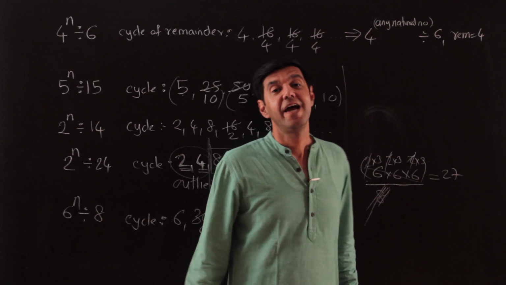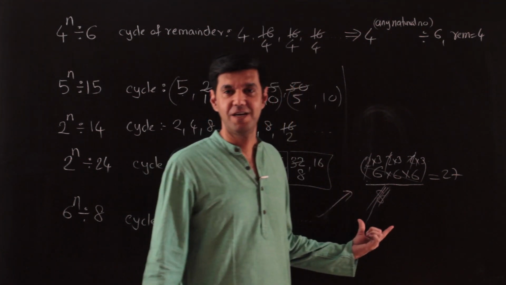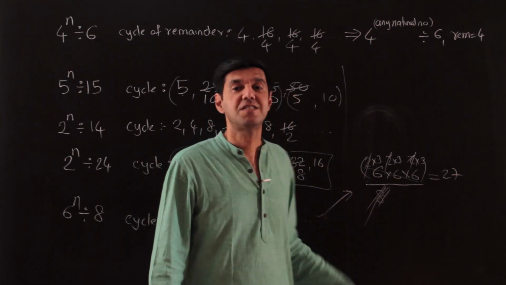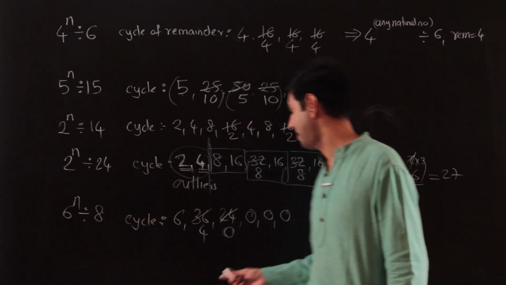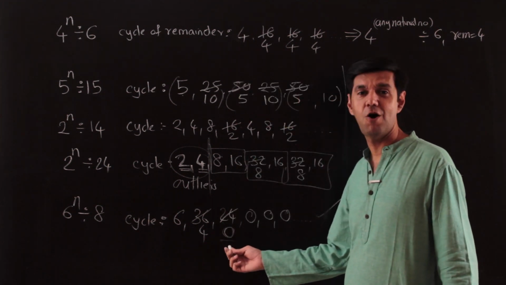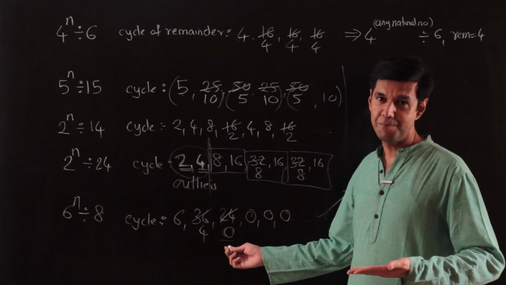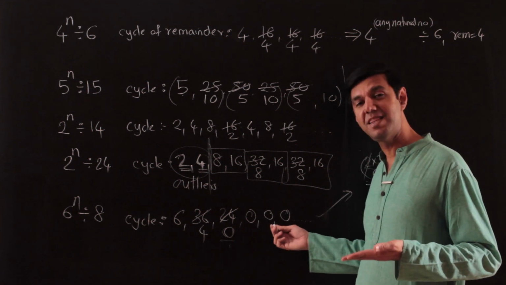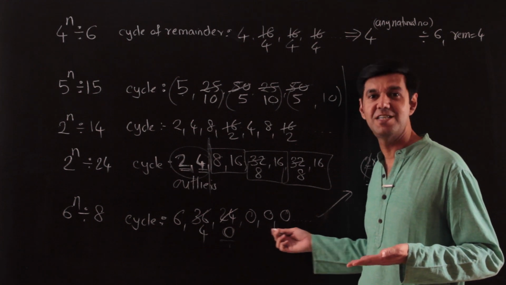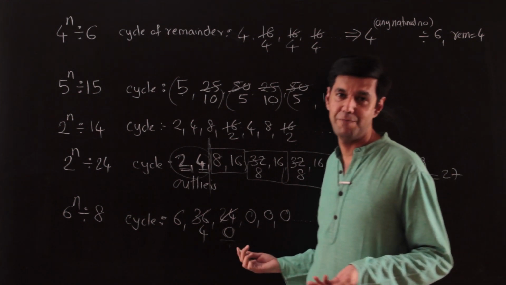It means that it's a multiple of 8. So 6 cube is a multiple of 8, and if it's a multiple of 8, obviously the remainder is 0. And 6 cube into anything else, 6 raised to 4, 5, 6, all of them are multiples of 8.